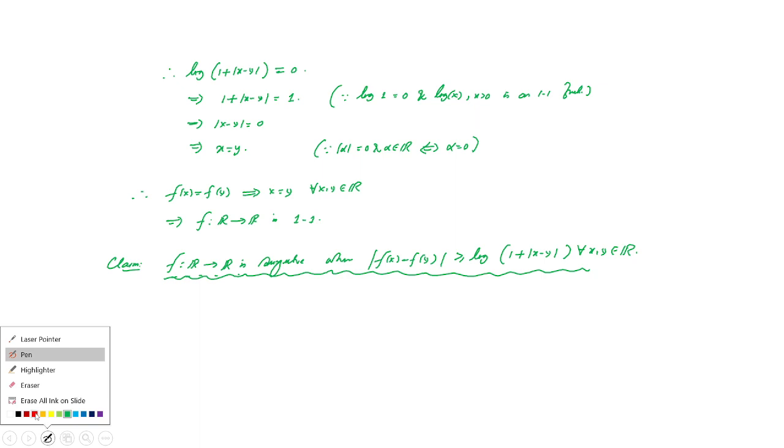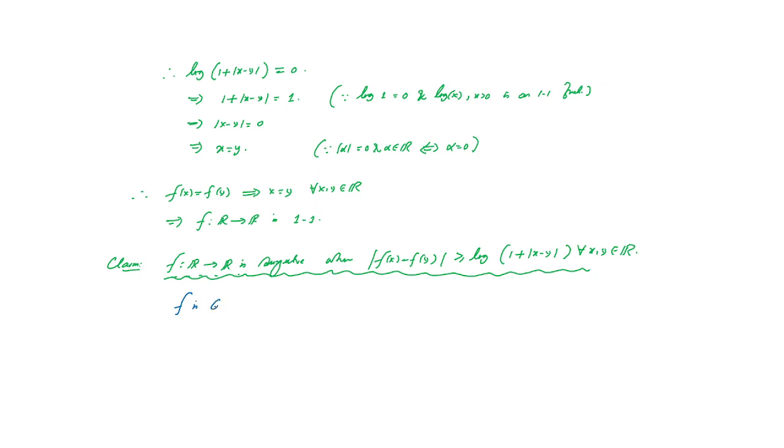So here first it is given f is continuous. Okay, so our information: f is continuous from R to R. This information is given. Second, what we will do, we'll take x minus y equals to h.